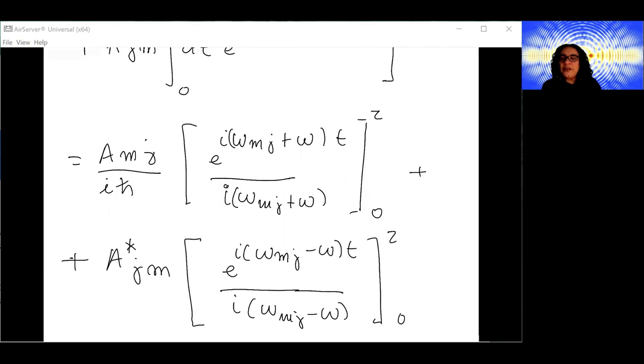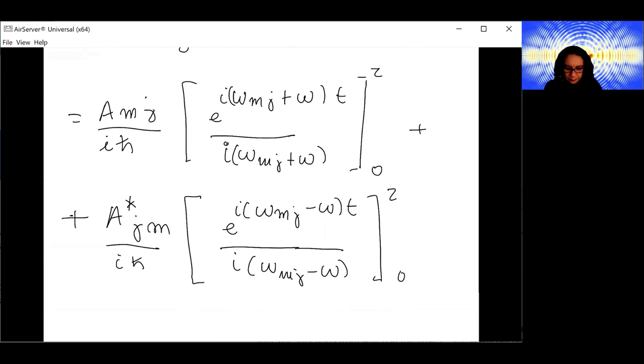So you see what I've done? I've integrated these two exponentials and I am writing them in a way that we're going then to calculate this perturbation. Here I forgot the i h bar. Okay.